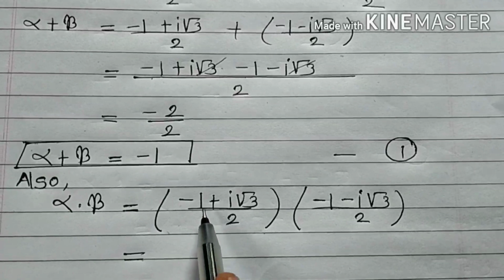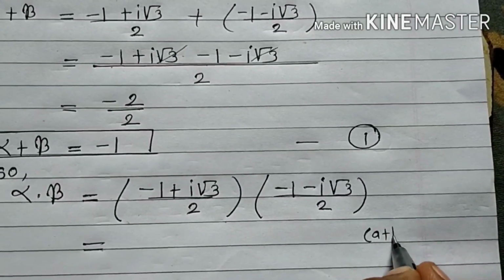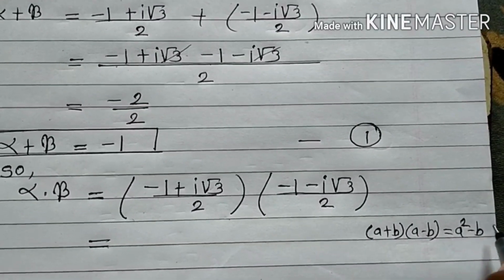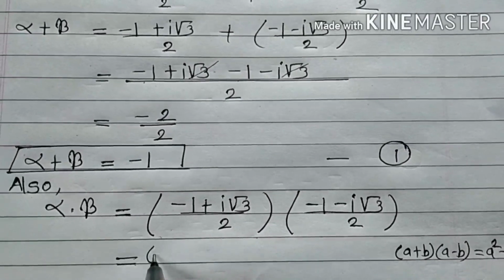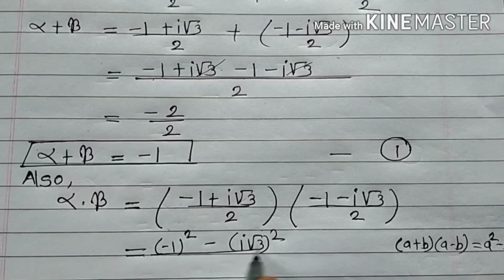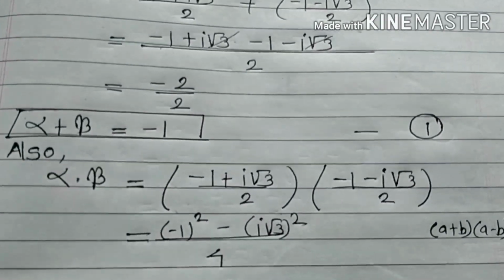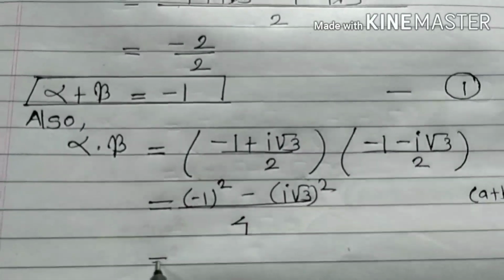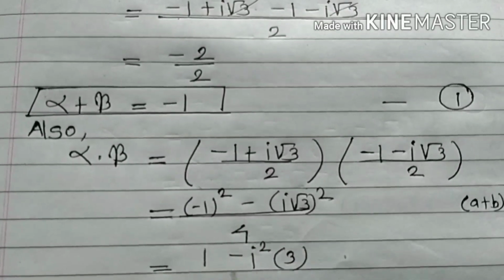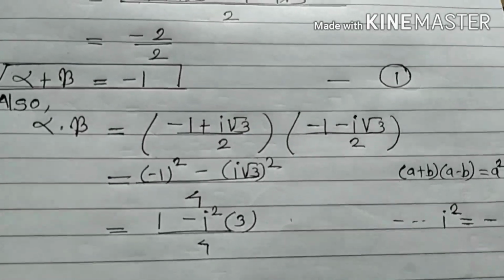So we can multiply it as a plus b, a minus b. What is the formula? a plus b times a minus b is equal to a square minus b square. So using this, this is a square, this is b square, upon 2 into 2, which is 4. So minus 1 square is equal to 1, minus i square into root 3 square, which is 3, upon 4, because i square is equal to minus 1.